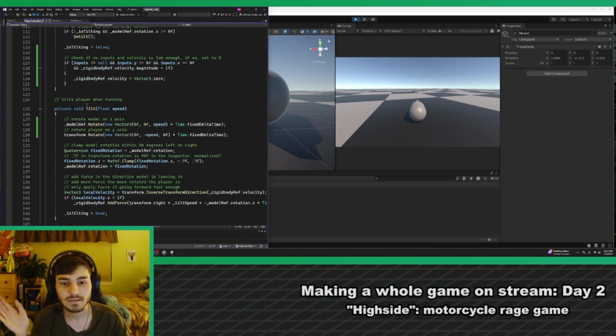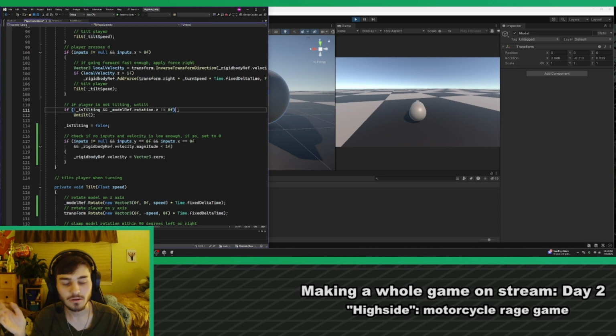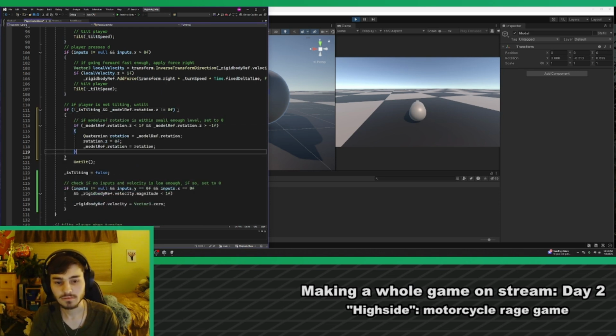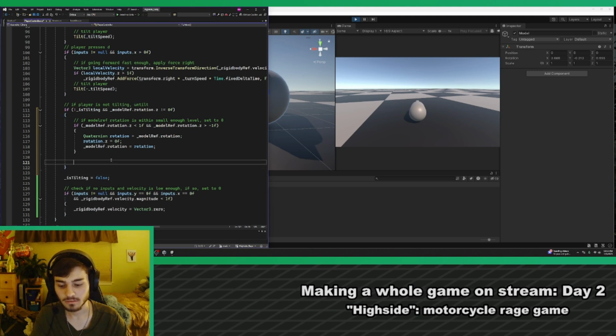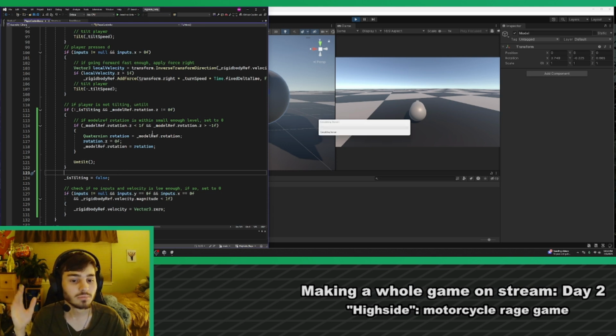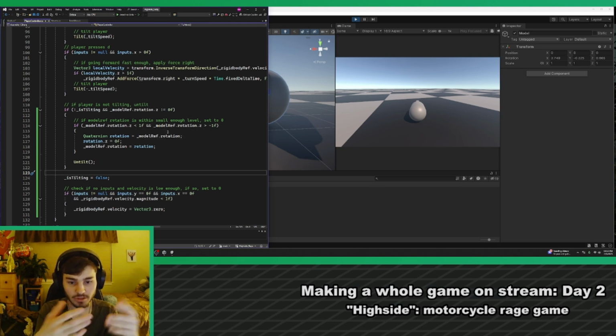If we put that before we call tilt, then we do there's not tilting on tilt, but if it's just that model ref rotation is within small enough parameters, then we do that.